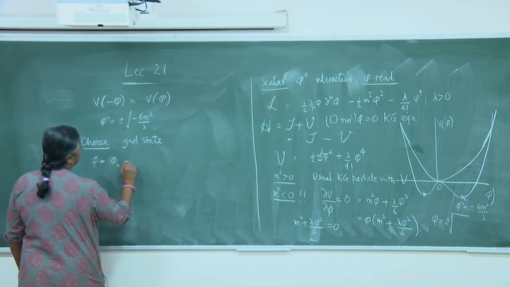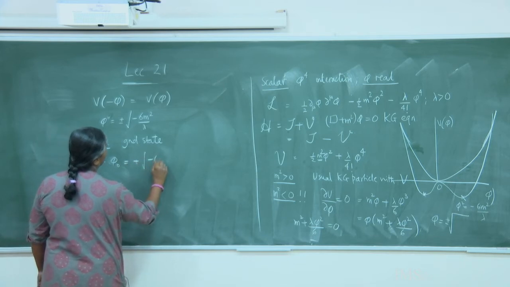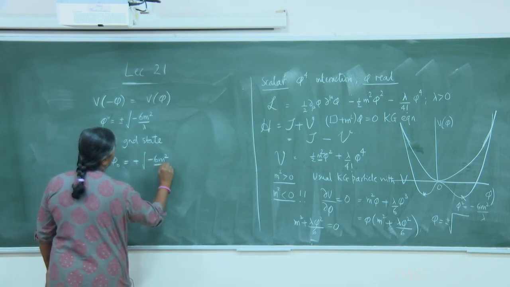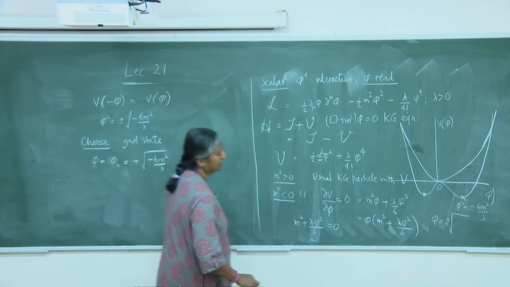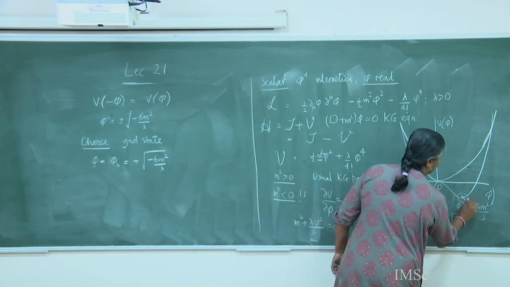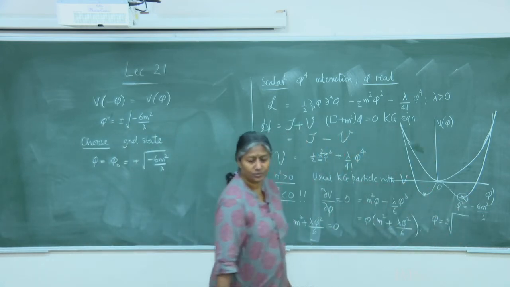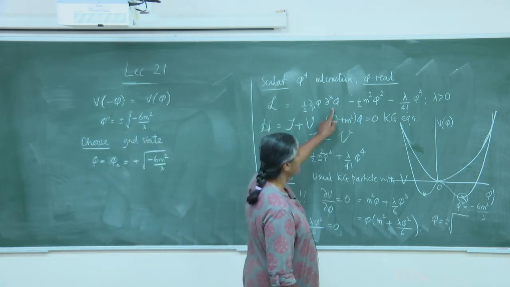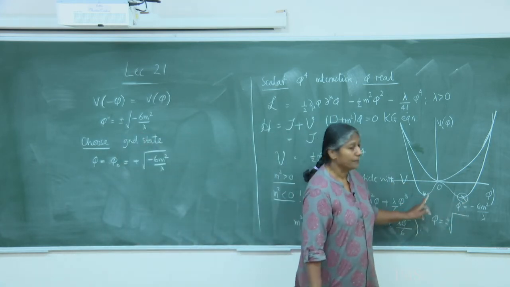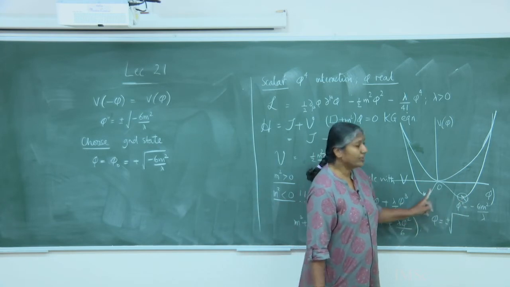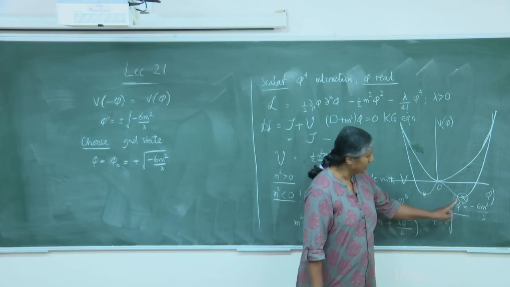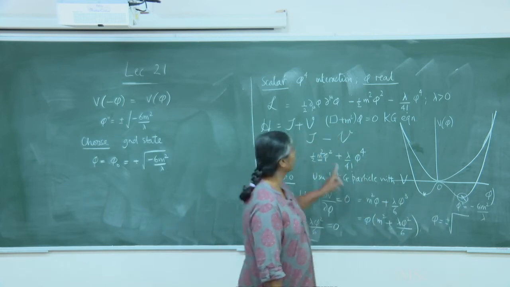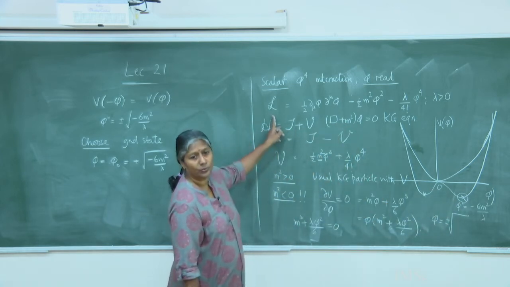Phi naught is equal to plus square root of minus 6 m squared by lambda. So I am choosing this to be the ground state, and this is not the ground state. But you can see immediately that this invariance, the U1 invariance, is lost because now this symmetry has been broken by the ground state, although the Lagrangian still contains the U1 invariance.